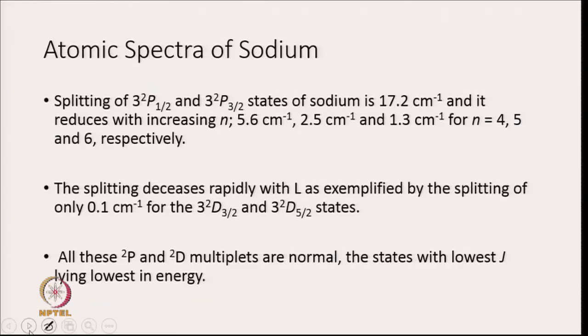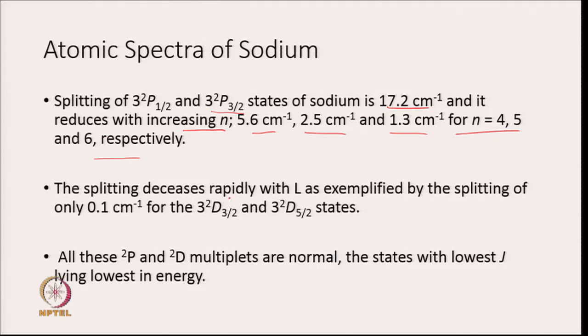The splitting between 2P 1/2 and 2P 3/2 states of sodium is 17.2 centimeter inverse, and it reduces with increasing n. So, if you look at the splitting, the difference between 4 2P 1/2 and 4 2P 3/2 will decrease. It will be 5.6 centimeter inverse, 2.5 centimeter inverse, 1.3 centimeter inverse for n equal to 4, 5, 6 respectively.